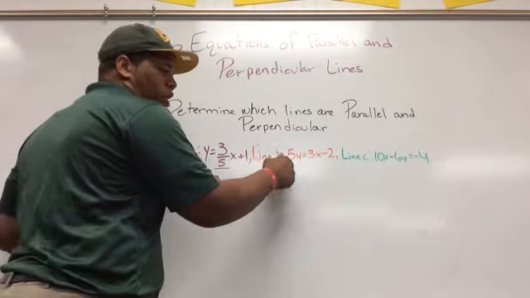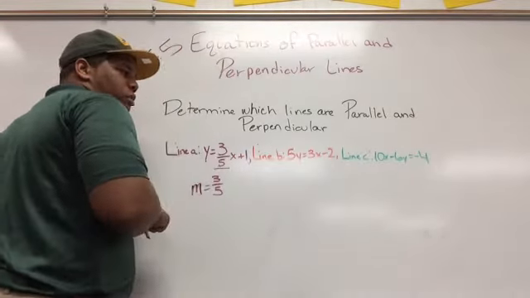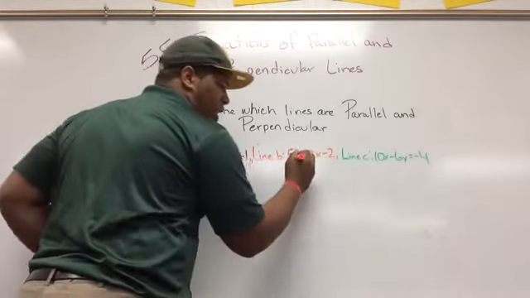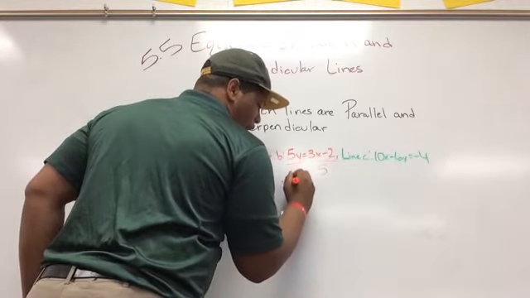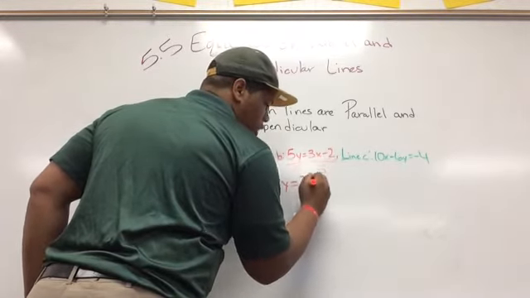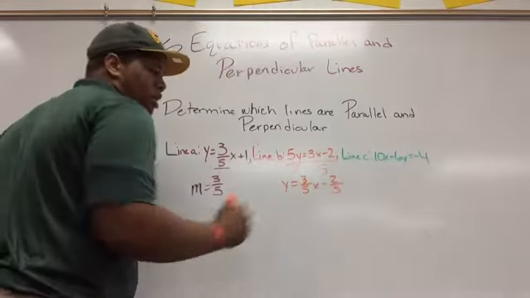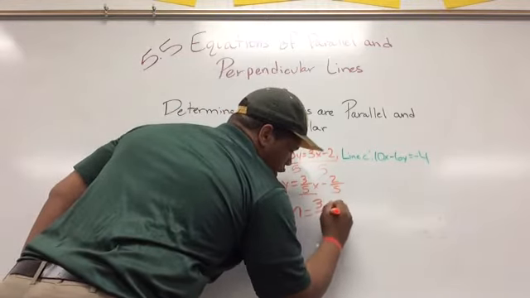So I'm given 5y = 3x - 2. So what I need to do is get y by itself. To do that, I would divide both sides by 5. And I end up with y = 3/5 x - 2/5. So I know here my slope is equal to 3/5.